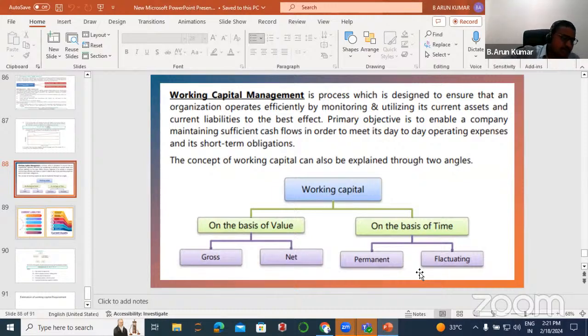Coming to unit number 13, that is dividend policy. On page number 211, they have given some constraints on payment of dividend. Which factors influence a company to pay dividend to the shareholders?